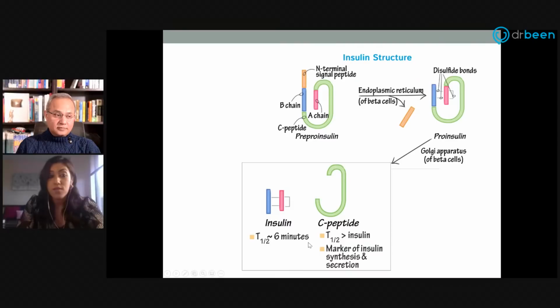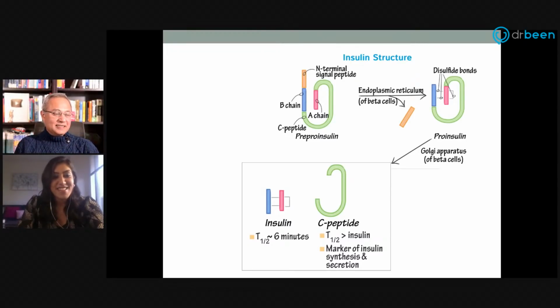But C-peptide has a longer half-life and lasts longer in the system, so if you measure that, it gives you a better indicator of what's actually going on. It has less metabolism in the liver. It's removed by the kidneys and the circulation, and then it's degraded. That's a very good point, Erica Cat. That's another thing I was going to talk about, but you're so smart and always one step ahead, so you got to it before I did.